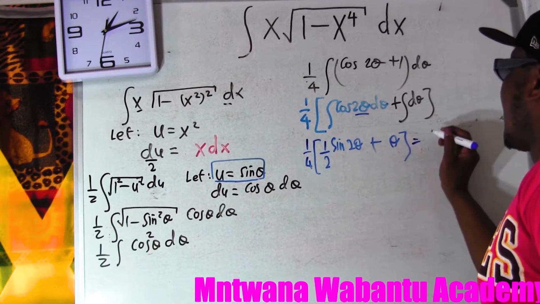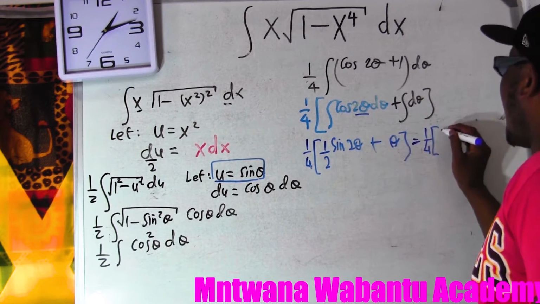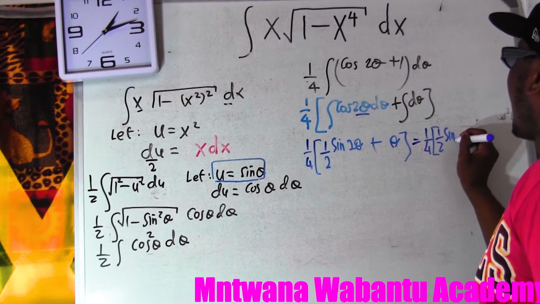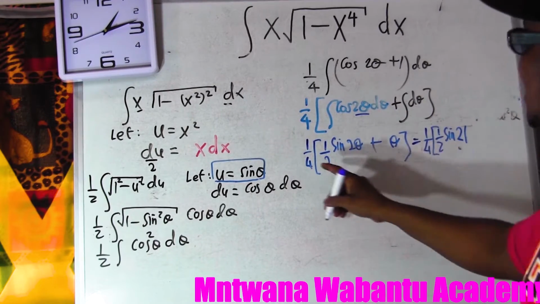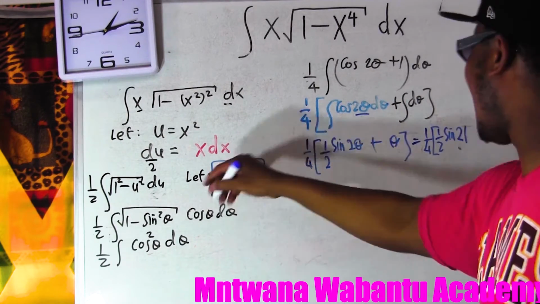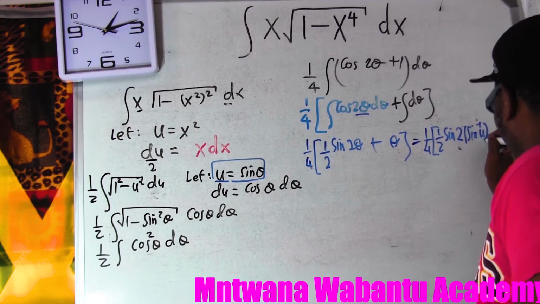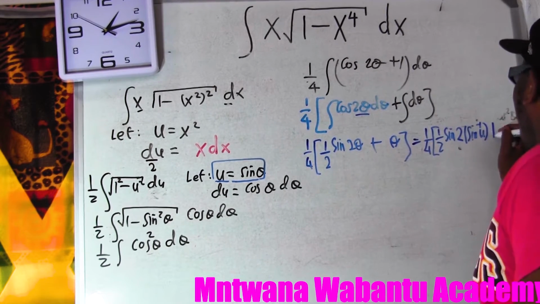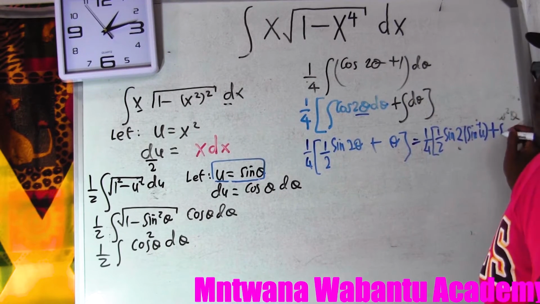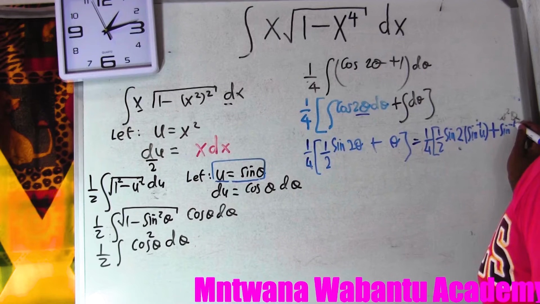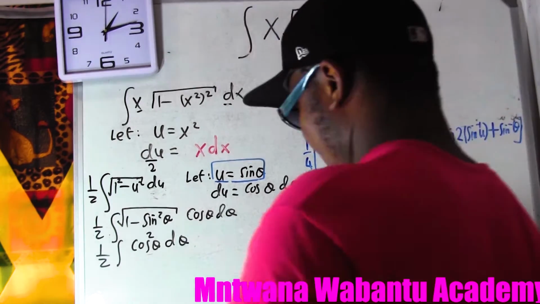So let me say 1 over 4, and then this sine is going to become 1 over 2 sine 2 theta, and what is theta? Theta equals sine inverse of u, and then we plus another theta, which is sine inverse of u.